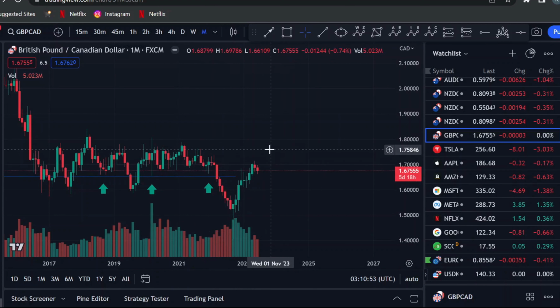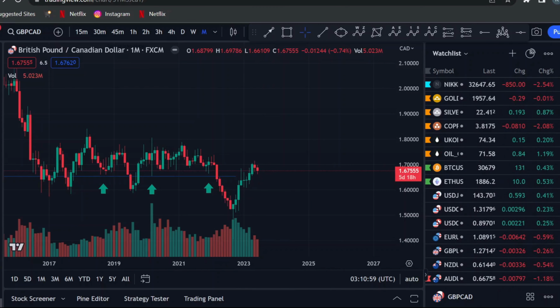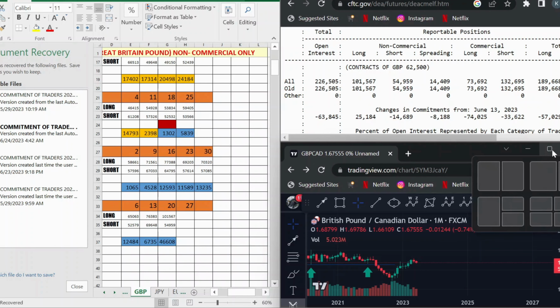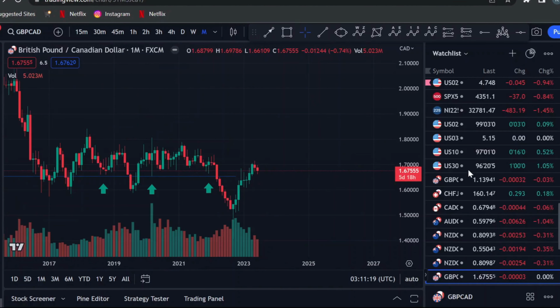So the pound is extremely bullish, and we are seeing the trend getting stronger and stronger. For the pound yen, the market has moved more than 1,000 pips for this month only. Yeah, you can see the bulls are on steroids.